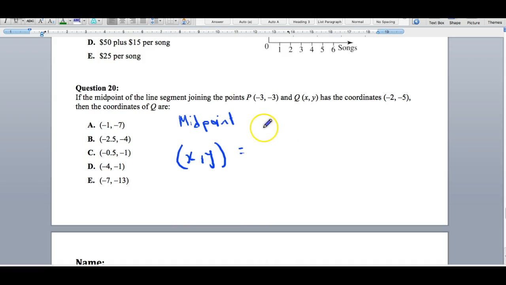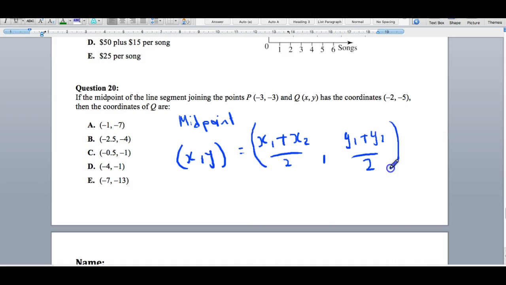How we find them is we add x1 and x2 and divide by 2, and we add y1 plus y2 divided by 2.